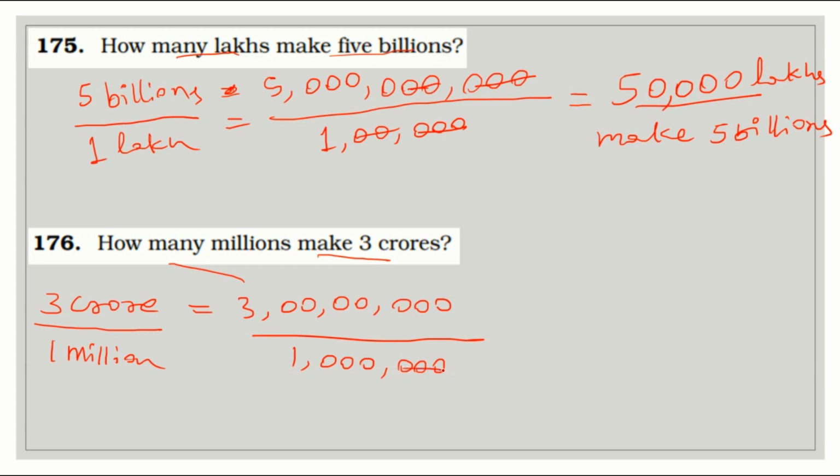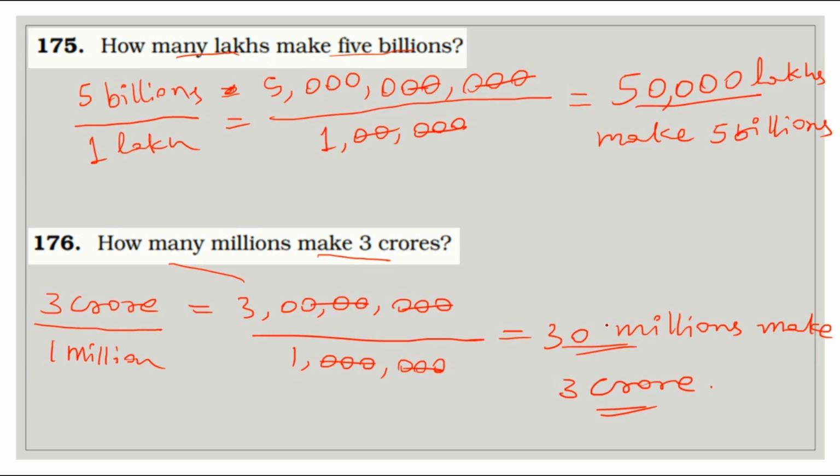Now when I divide 3 crores by 1 million, I am left with 30. That means 30 million make 3 crore. So that's how you can answer this question.